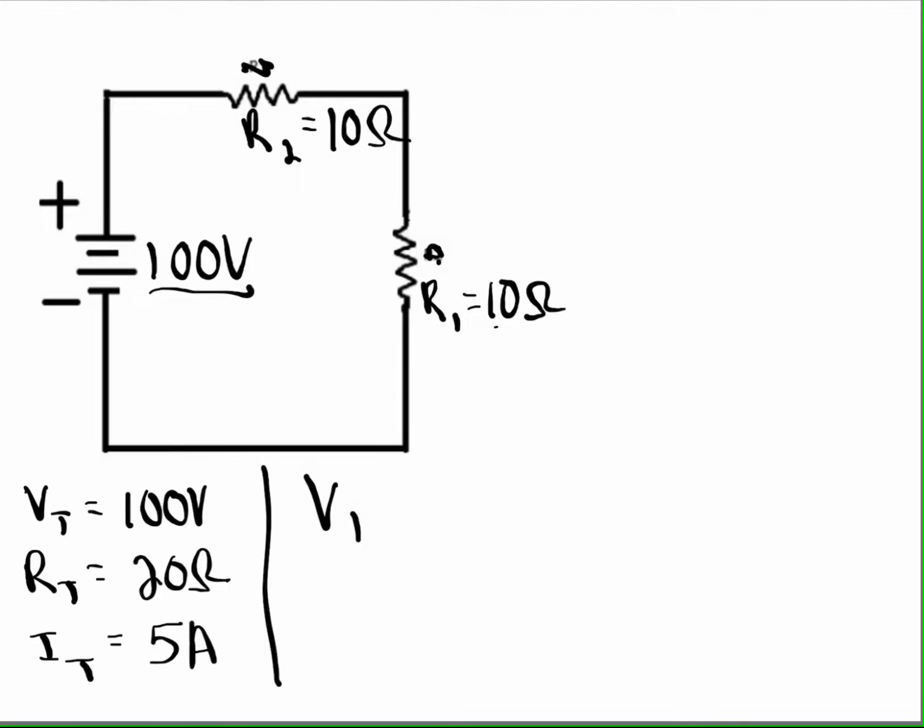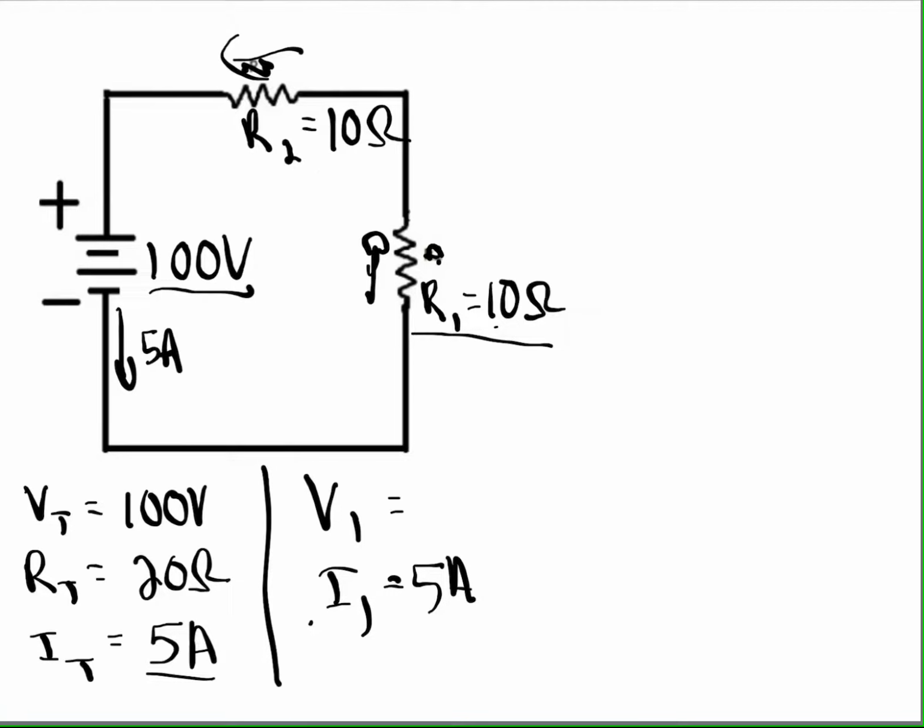Now we need to find V1 and I1, being just the voltage drop across R1 and the current through R1. Well, this one is nice and easy. Current through 1 is just that same 5 amps. Because remember, our rule is if I know the current here, which we just found to be 5 amps, it's got to be 5 amps here and 5 amps here.